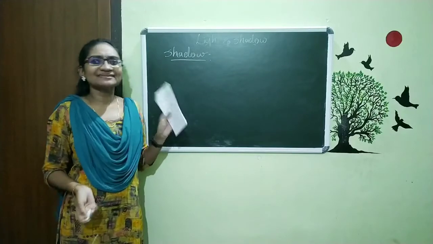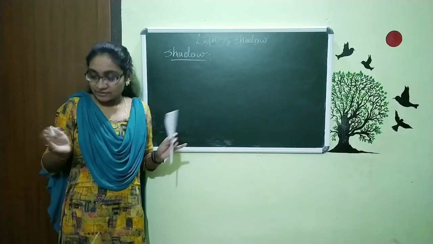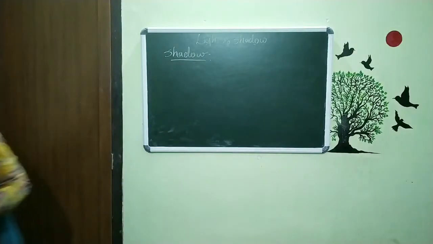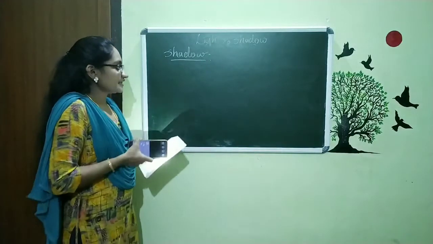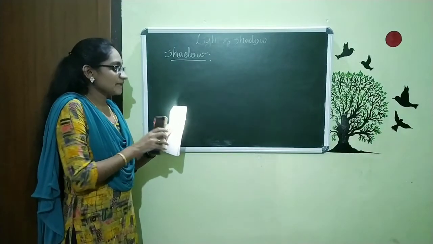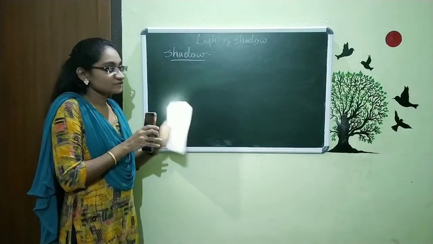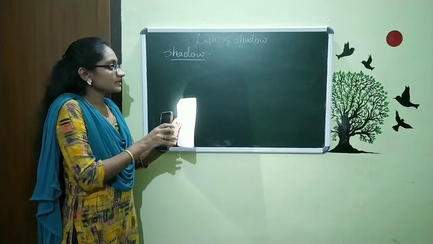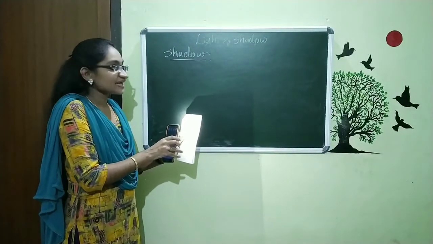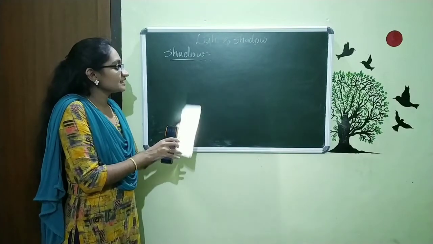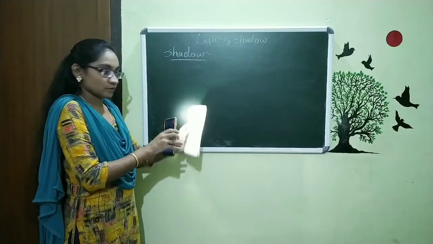Actually you are familiar with this shadow in your day-to-day life. So for example, I am taking the torch and giving light to the blackboard, and in front of this I am just putting one piece of paper. What you see on the blackboard? You can see a dark region is there on the blackboard. Why?